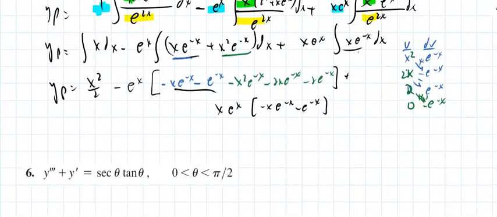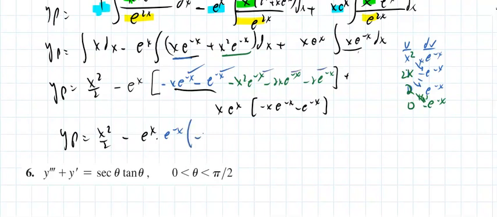Okay, whatever that works out to be, the particular solution will be x squared over 2 plus, actually, if I take e to the minus x out of each one of those, I'll have negative x minus 1 minus x squared minus 2x minus 2.